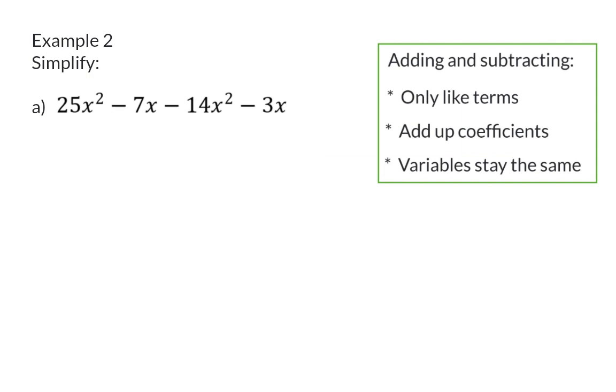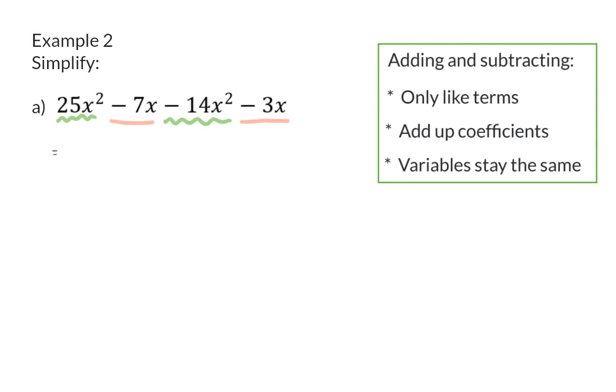Example 2. Simplify. Here we now have 4 terms, and the first term as well as the third term both have a variable of x squared and are like terms. The second term has an x, and also the fourth term, so they are like terms. When adding up, we now know that the variable always stays the same.